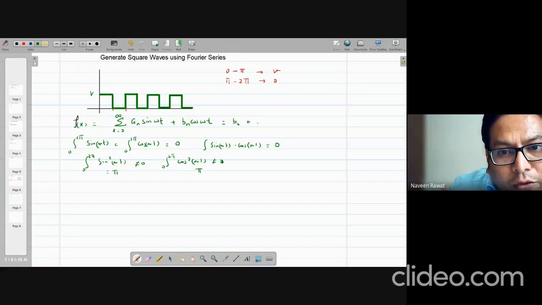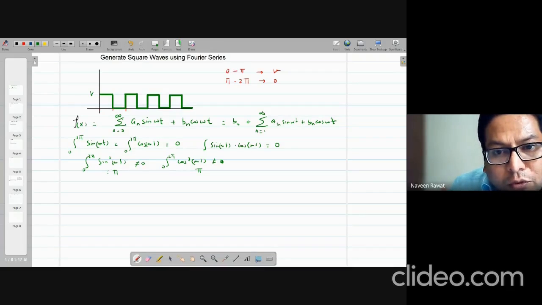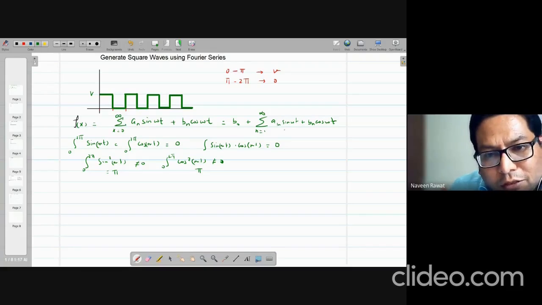Okay, and you have some an sine omega t, so you have n equal to 1 to infinity, like that, and you have some an sine omega t plus bn cos omega t. Now it doesn't matter which one is an, which one is bn. The important thing is that the coefficient an is in front of sine and bn is in front of cosine. Okay, so you can interchange the names, it doesn't matter.